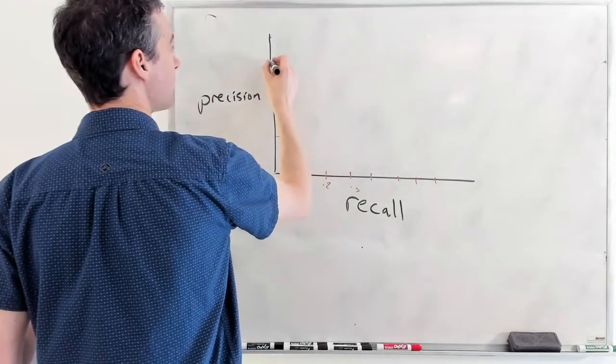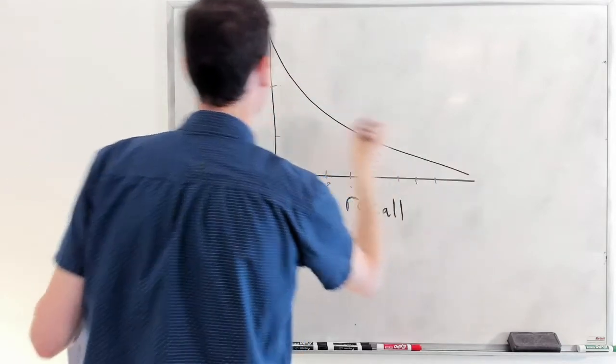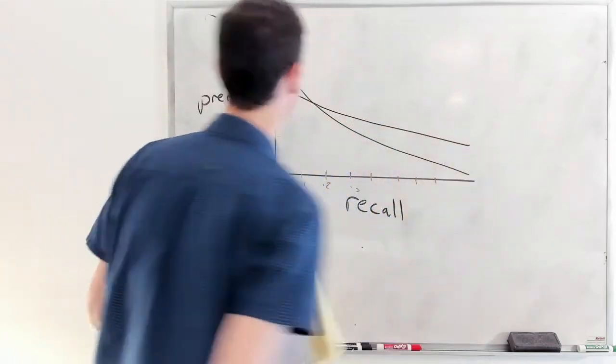So you could have one system that behaves like this, and you could have another system, let's say, that behaves like this.